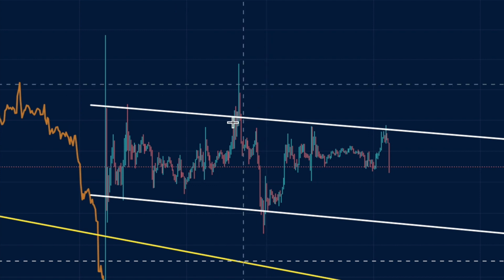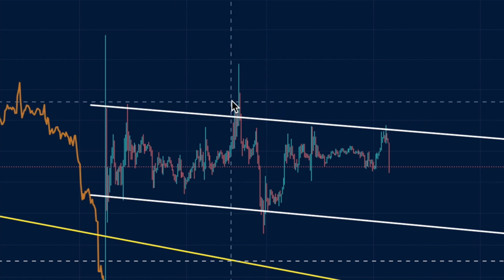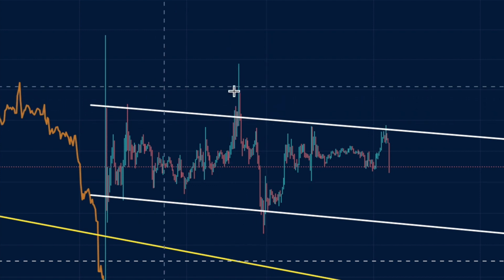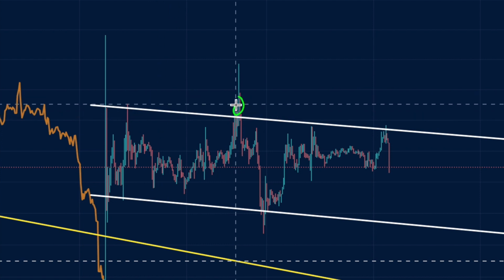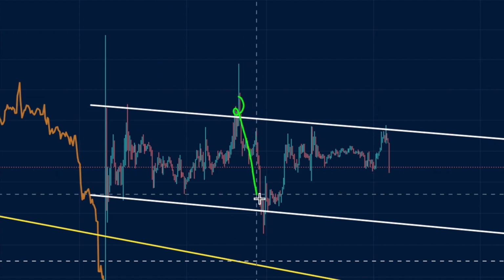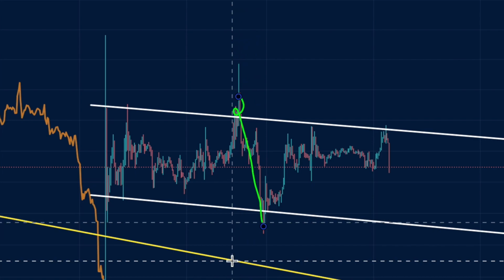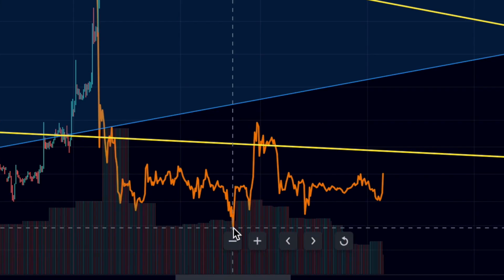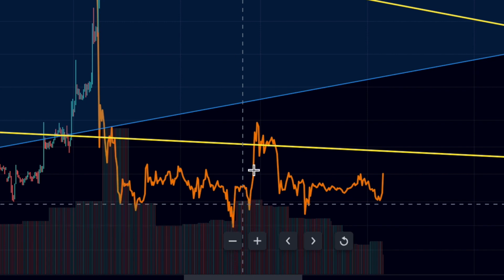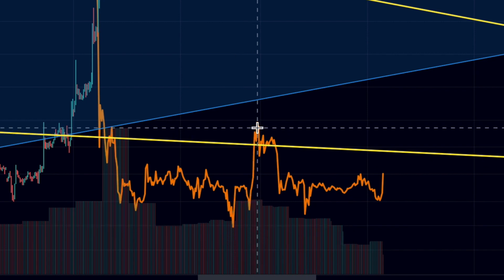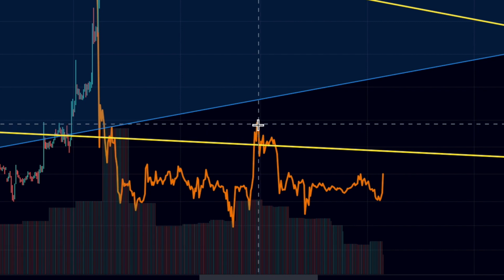Let's see. From this moment where we actually got rejected from the resistance, from that bull flag formation, and dropped back to the support, that brought a move in Bitcoin from 25,600 or 700 up to 26,600.